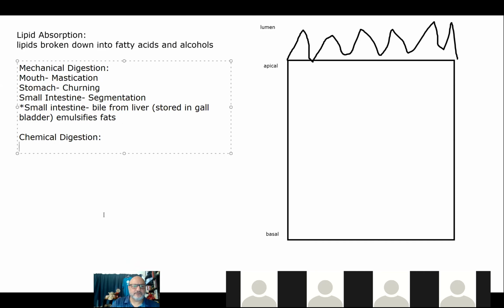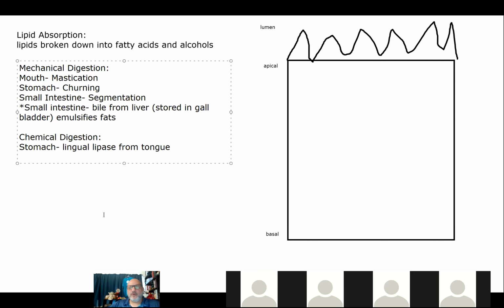Lingual lipase. Okay, so we have that lingual lipase, which is of course made from the tongue. But remind me again, where is that active? Stomach. In the stomach. So the first place we start, and it's very limited, but we start the chemical breakdown in the stomach thanks to that lingual lipase that is produced from the tongue. Excellent. Where else?